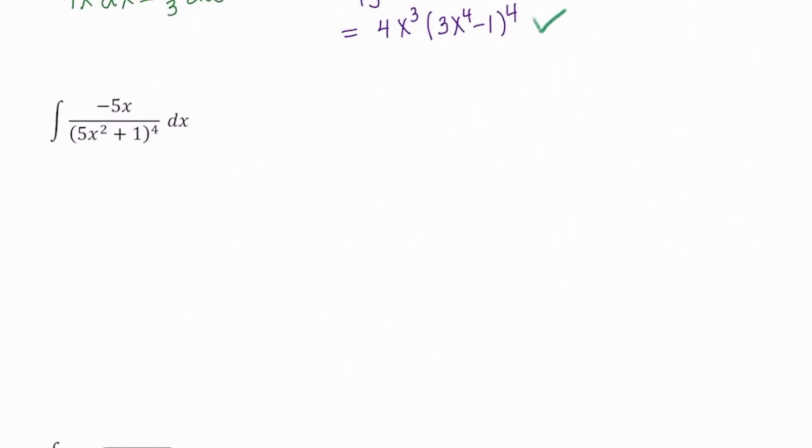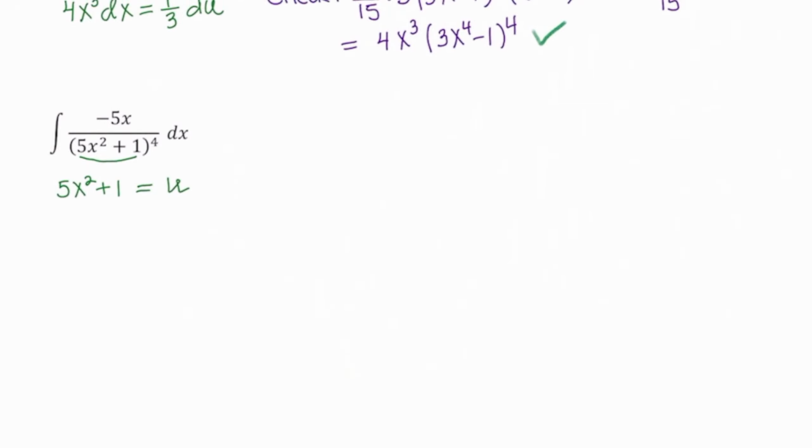And the derivative of this expression right here is 10x. Okay, we don't necessarily have 10x in the integrand, but that's okay. We do have a constant multiple of it, so that's going to be our U-substitution. So let's write out our substitution. 5x squared plus 1, that's U.